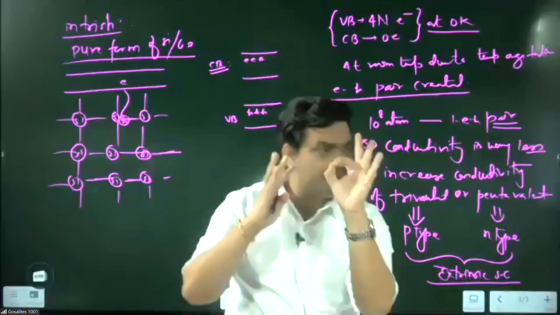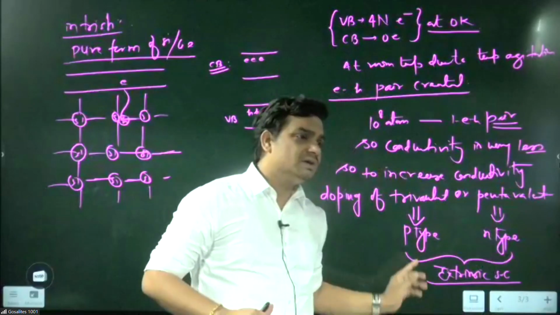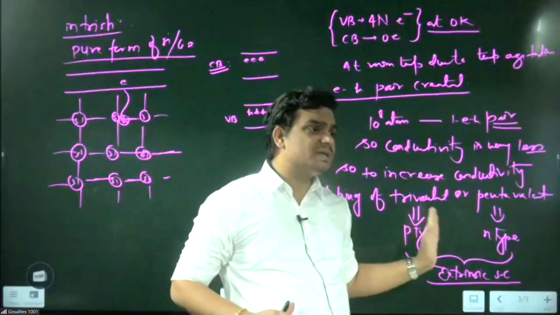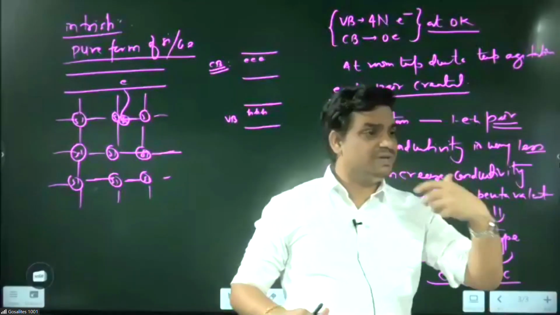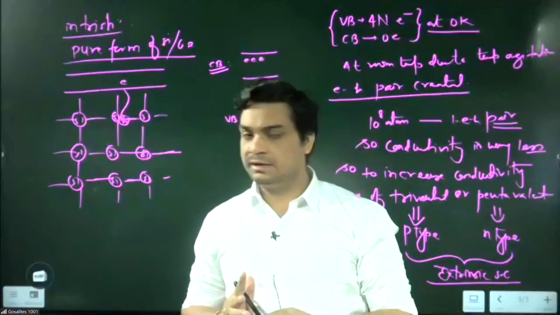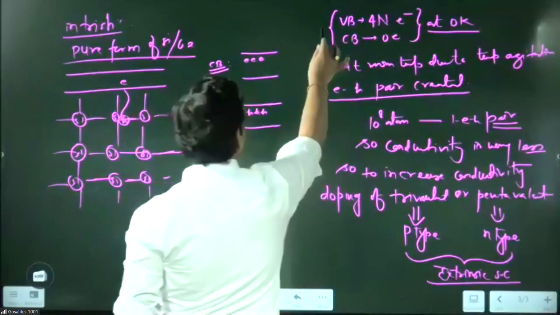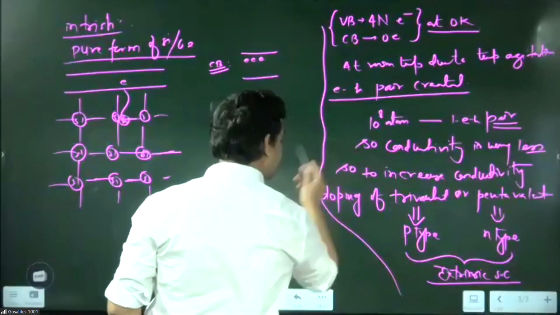Intrinsic is purely silicon or germanium, and extrinsic is silicon or germanium plus some doping. Is this clear? We will do the doping later on.